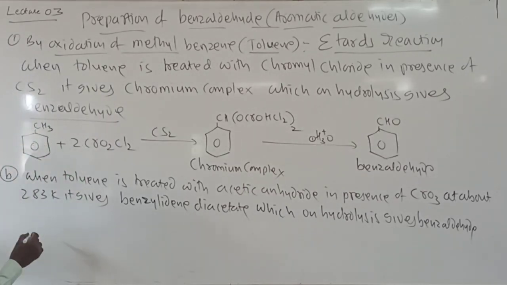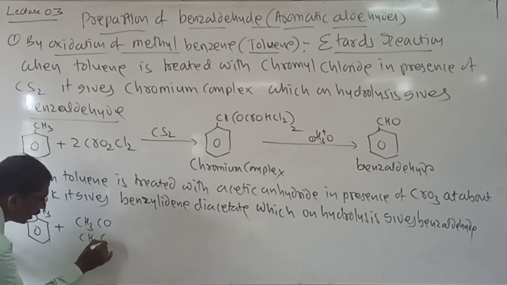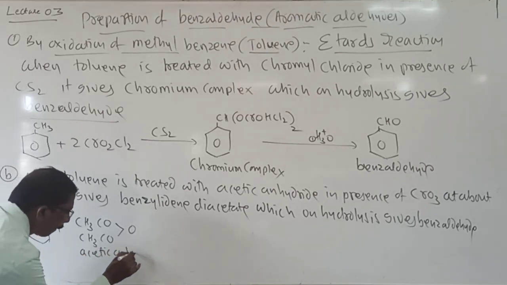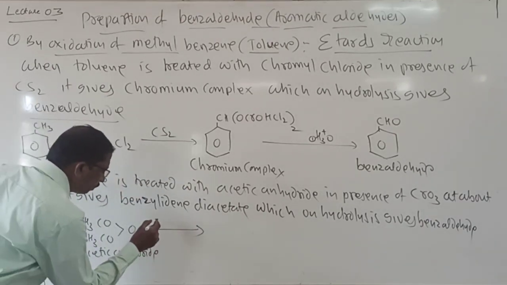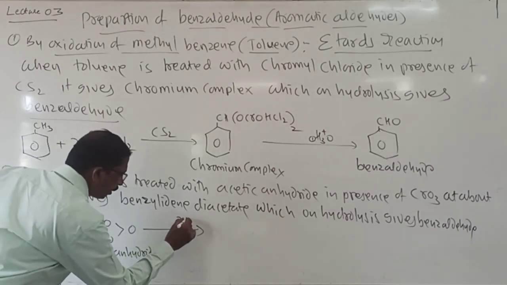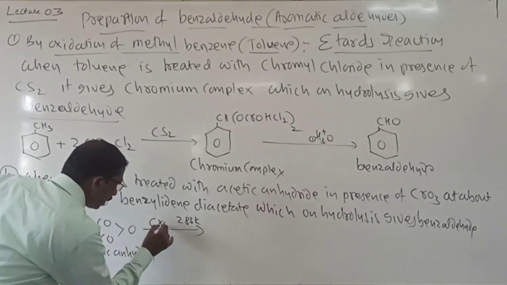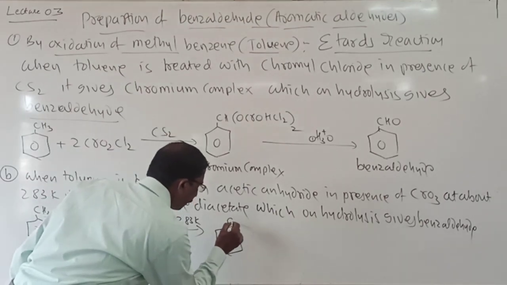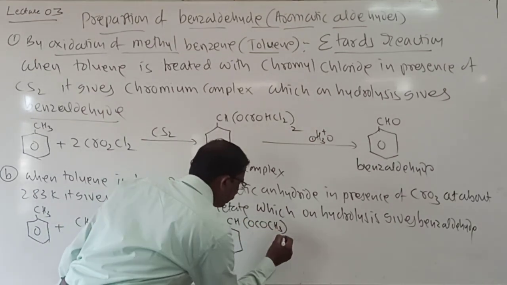So the same reaction. Look here, when toluene is treated with acetic anhydride, (CH3CO)2O, it is heated at about 283 Kelvin in presence of CrO3 catalyst, and then it forms C6H5CH(OCOCH3)2.